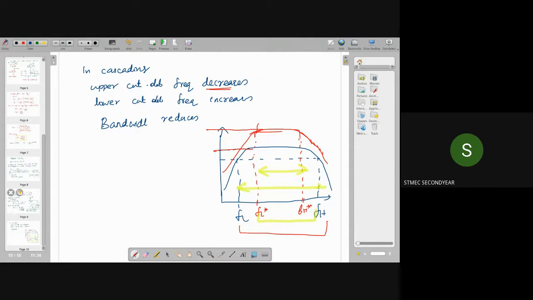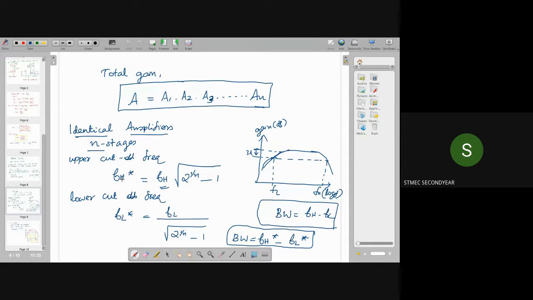Coming to the bandwidth, it effectively reduces by cascading. Our upper cutoff frequency decreases: FH into root of 2 raised to 1 by n minus 1.